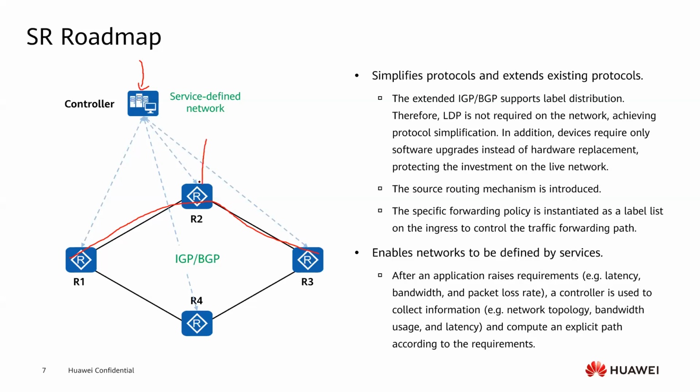In some cases, maybe there's traffic coming that makes this link congested and it cannot fulfill the requirement for services. So the controller will get that information and automatically ask R1 to change the path. So there will be no problem. This is all thanks to the working principle, the idea of SR. Those kinds of things can be achieved.